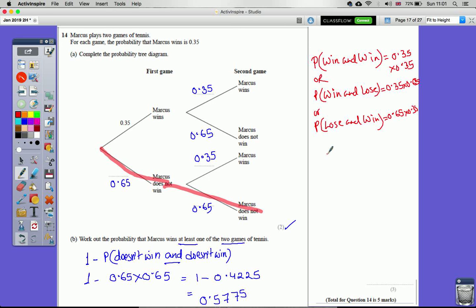So you will get 0.1225 plus, because 'or' means plus, and if you add them all together, you get 0.5775.